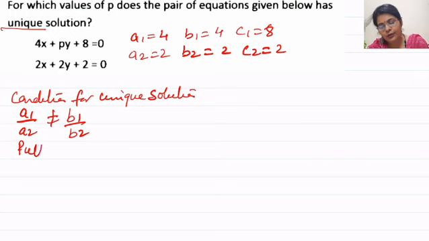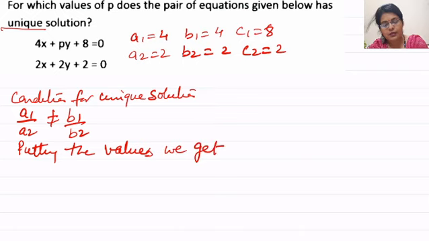Putting the values, we get 4 upon 2 is not equal to... sorry, here a1 is 4 and b1 is p. So 4 upon 2 is not equal to p upon 2.